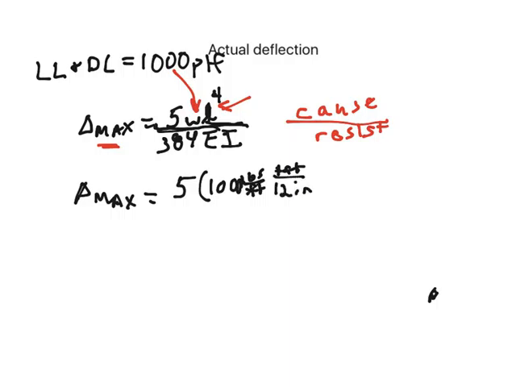This is where my feet are going to cancel out, and I'm left with pounds per inch. Then I need to convert the length of this beam, which once again was 18 feet, into inches. So I've got to do 12 inches divided by 1 foot. The feet cancel out, and I'm left with inches.